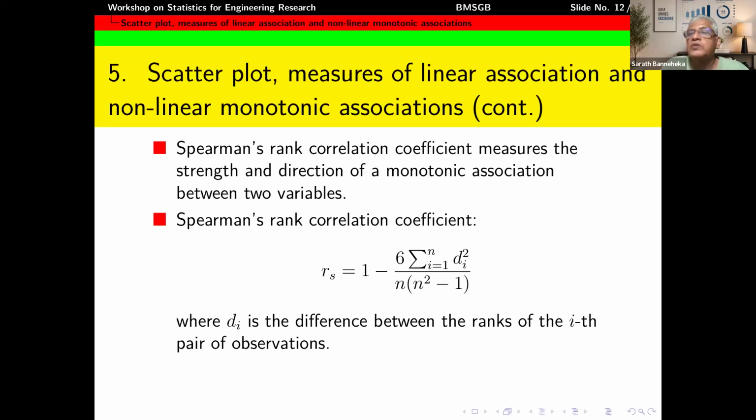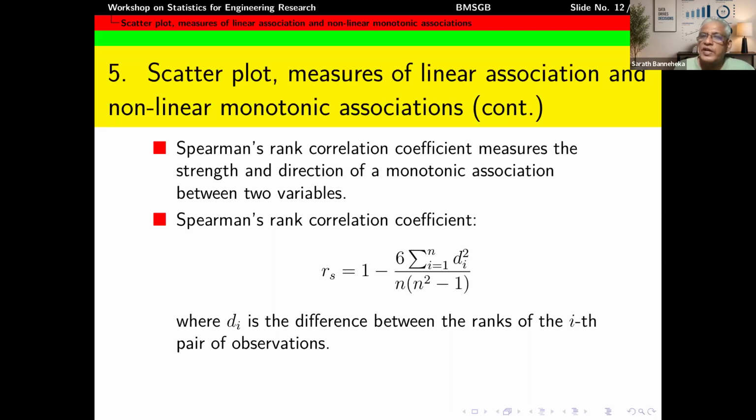That means you actually don't consider the actual values of x and y. What you do is you rank all the x values, taking x values as one set, and you rank all the y values as another set. So now for each x1, y1, you have a rank of x and a rank of y.